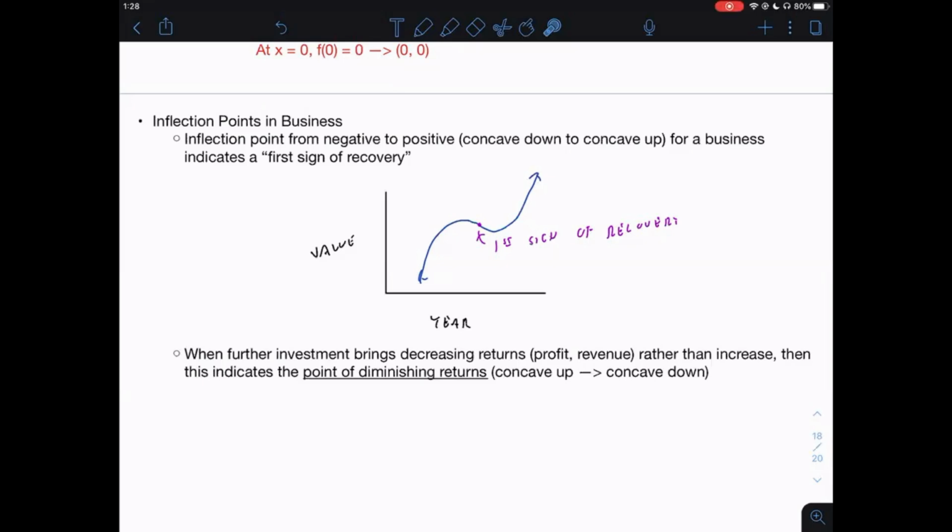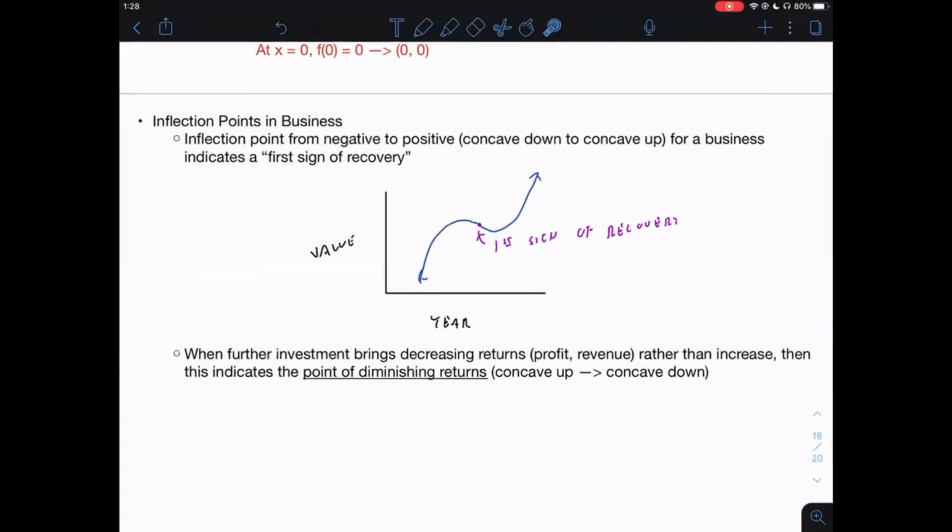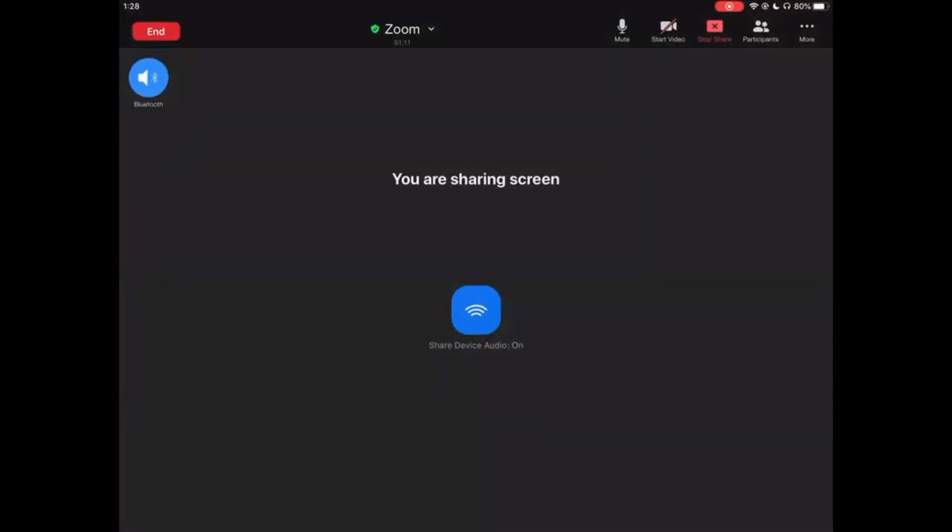All right, so this concludes section 3.2, using the second derivative to determine the curvature, the concavity, of a function of x.